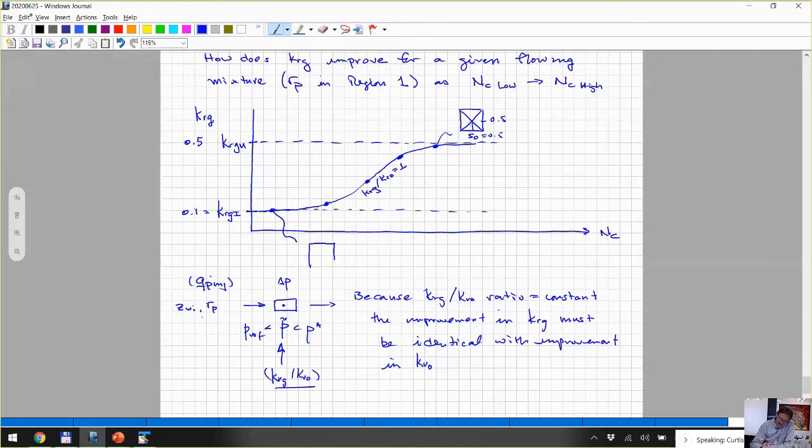It's a pretty small sketch, but I'm going to make it look like this. Something like that. So now this is 0.1 and this is 0.7 or 0.6 or something else. So the saturation is different here, 0.7, 0.5, but the KRG-KRO ratio is the same.